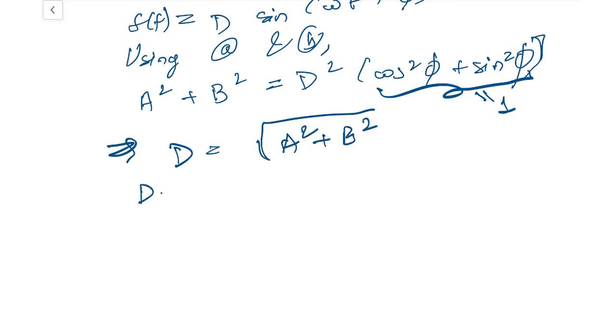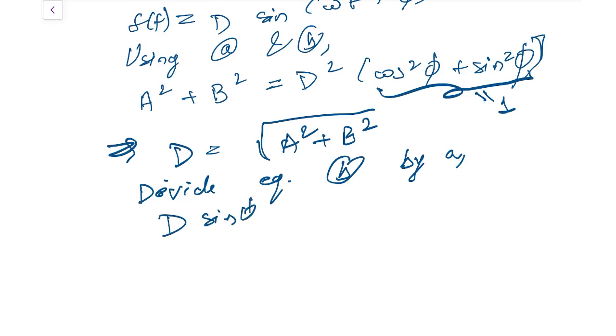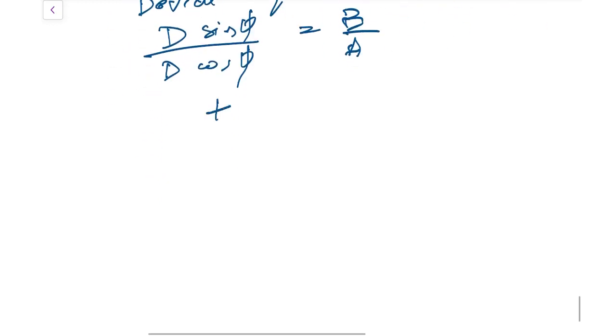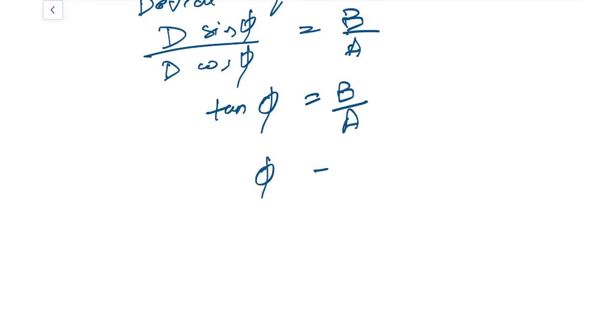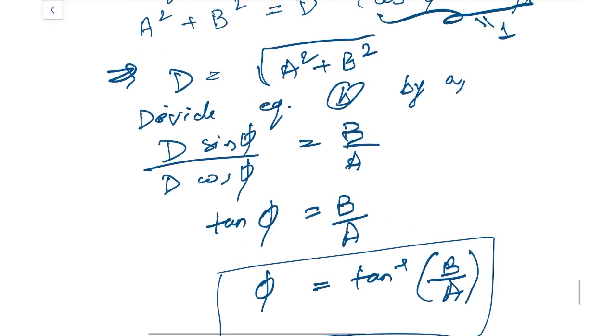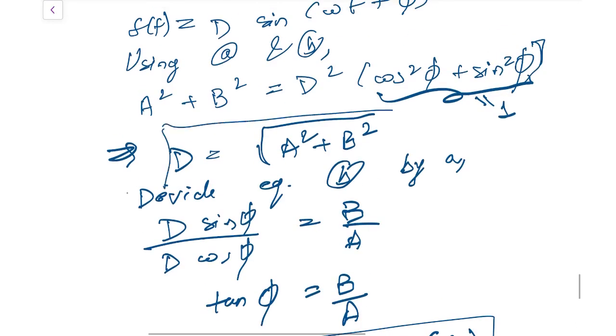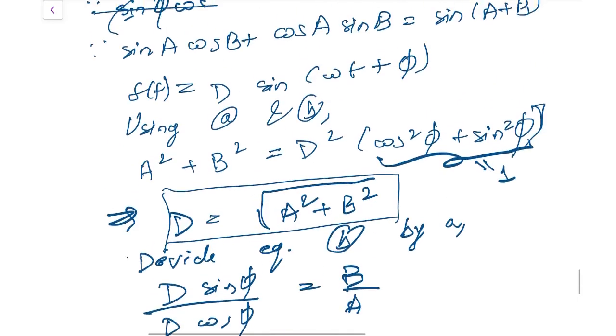If we divide b by a, we get d sin phi over d cos phi equals b by a. That is tan phi equals b by a, that is phi equals tan inverse of b by a. So we have got our phase constant and our amplitude.